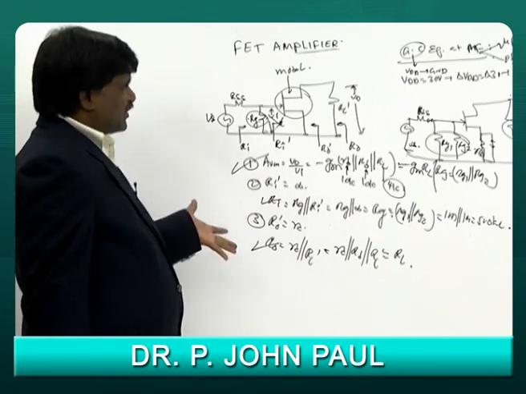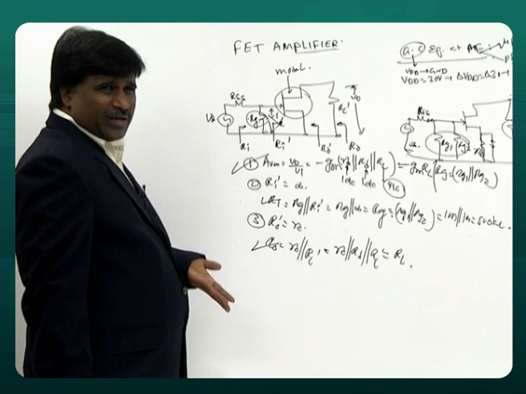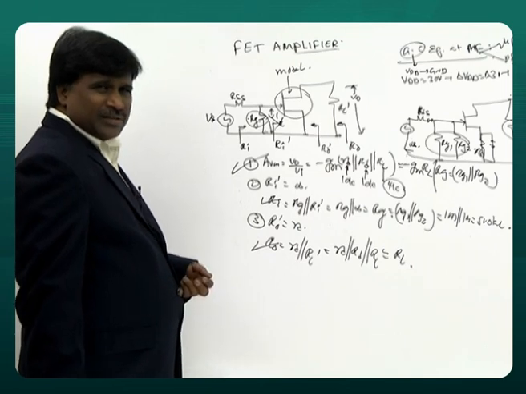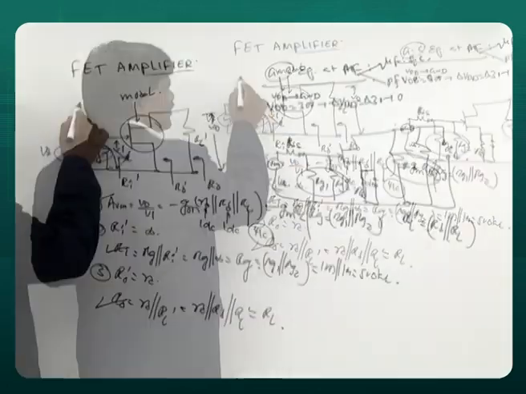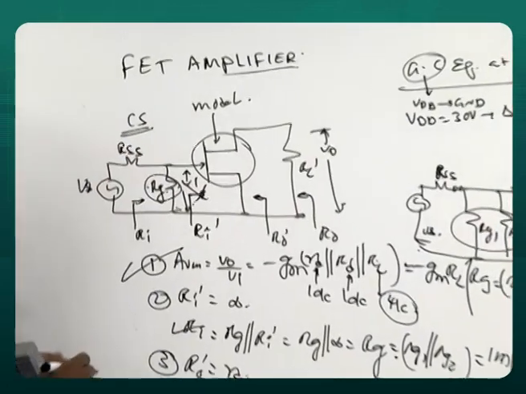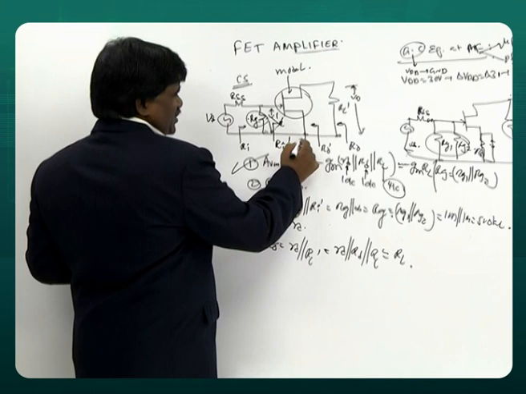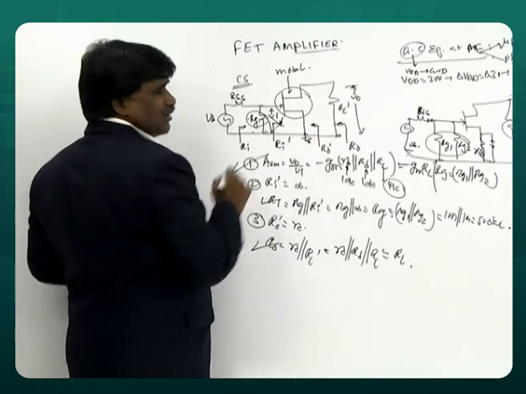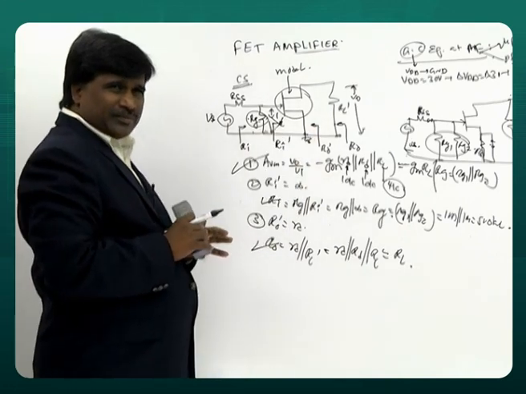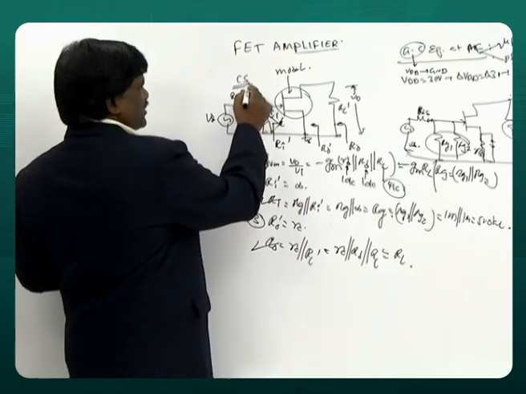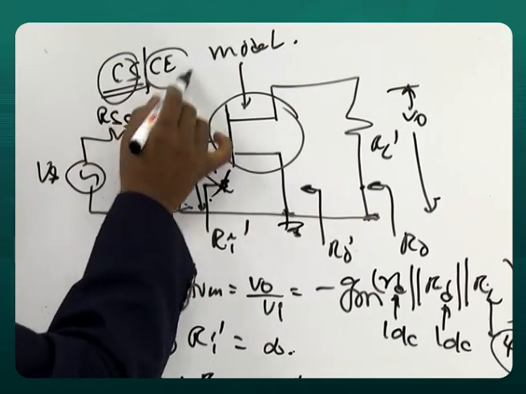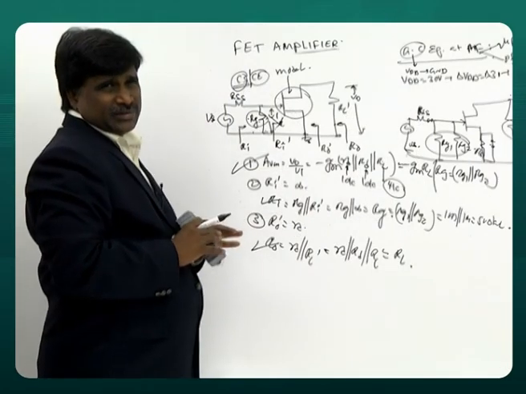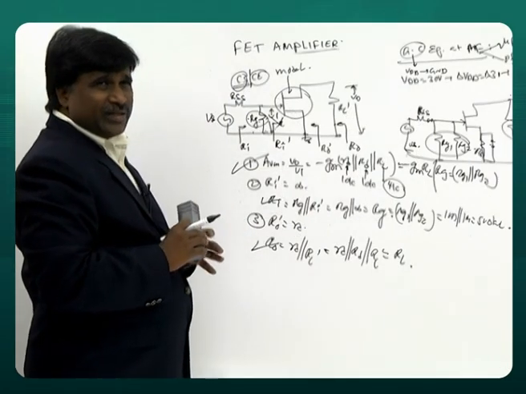After getting the mid-frequency, the next game is low frequency. And please understand, I am taking the common source amplifier because this source is common for input and output. Most of the time we like common source or common emitter, this for FET and this for BJT.